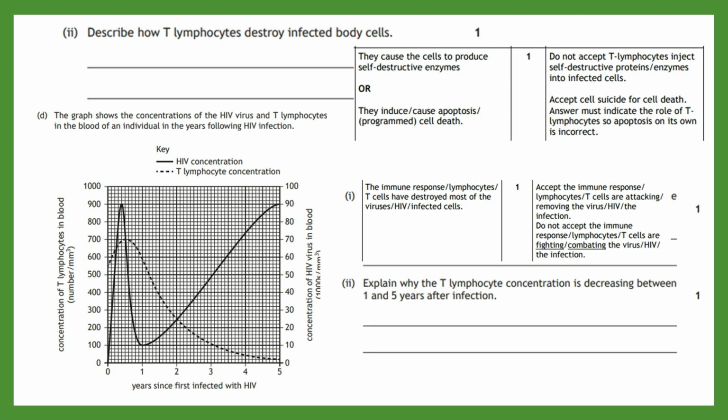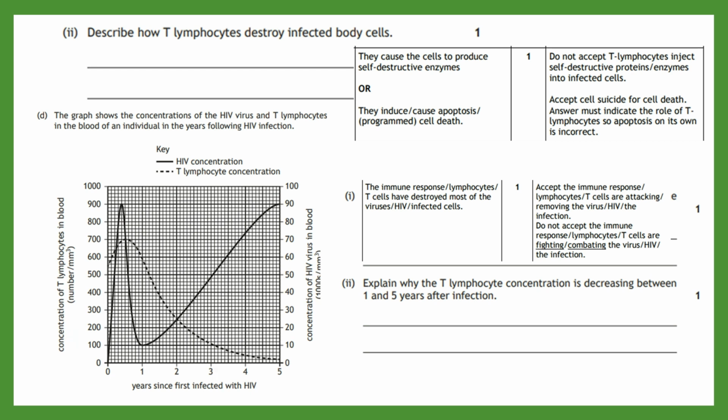You will initially see a decrease in HIV because there is an immune response, so the lymphocytes or T cells will destroy most of the virus, the HIV, or the infected cells. So the T cells are attacking, removing the virus, removing the infection.